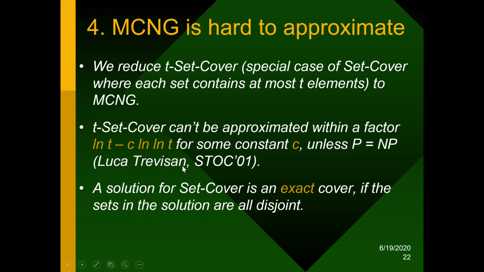The reason we do that is because Raz and Trevisan proved about 20 years ago a result on set cover. This is less known, because usually when we talk about set cover, we talk about the generic case. For T set cover, it cannot be approximated within log T minus C log T for some constant, unless P equals NP.